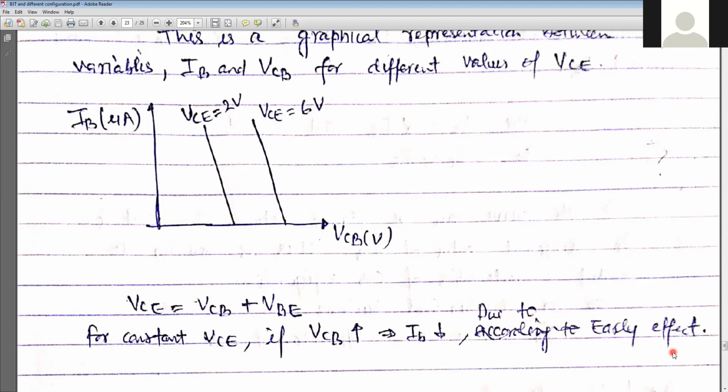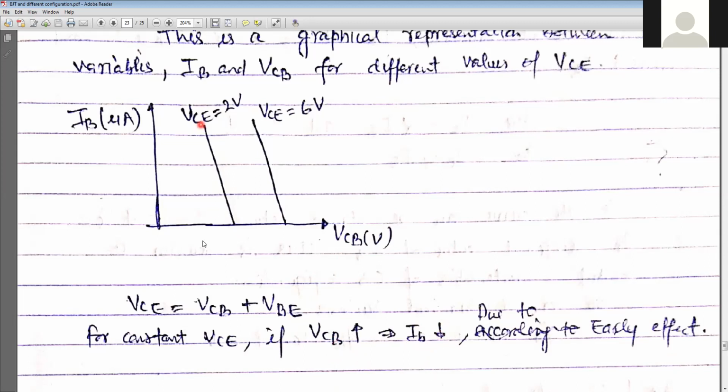If you go to the third and fourth lecture where we talked about the early effect, when we increase VCB, that was the reverse bias voltage, the depletion layer width was increasing and penetrating more into the base region. So the effective base region is reduced, and that's why the base current is reduced. It's the early effect. I have talked about it in each configuration. So as you increase VCB, your base current is decreasing.